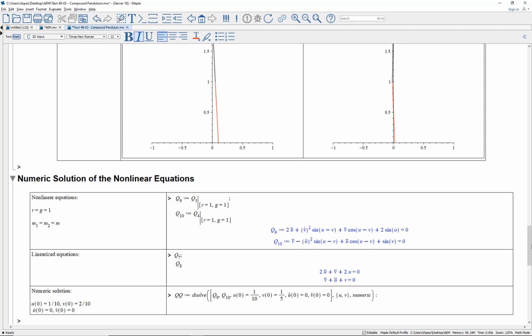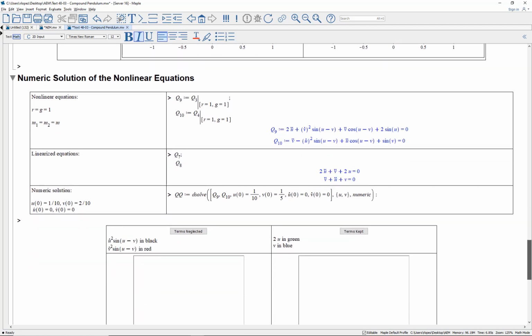Remember, these are the linearized equations. So I'm going to just take one of these two cases. This is the first case, the one on the left, where the two bobs move to the right, with the bottom bob moving a little bit further to the right. And I'm going to do a numeric solution, so that's what this dsolve command will do.